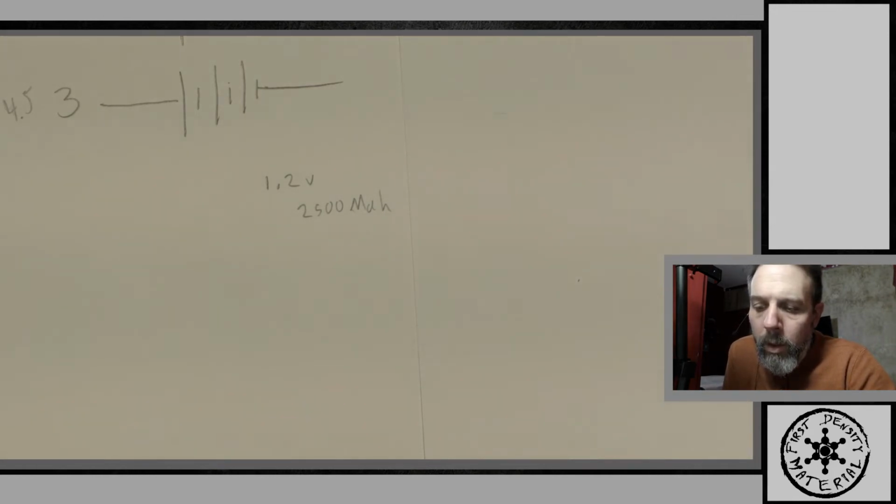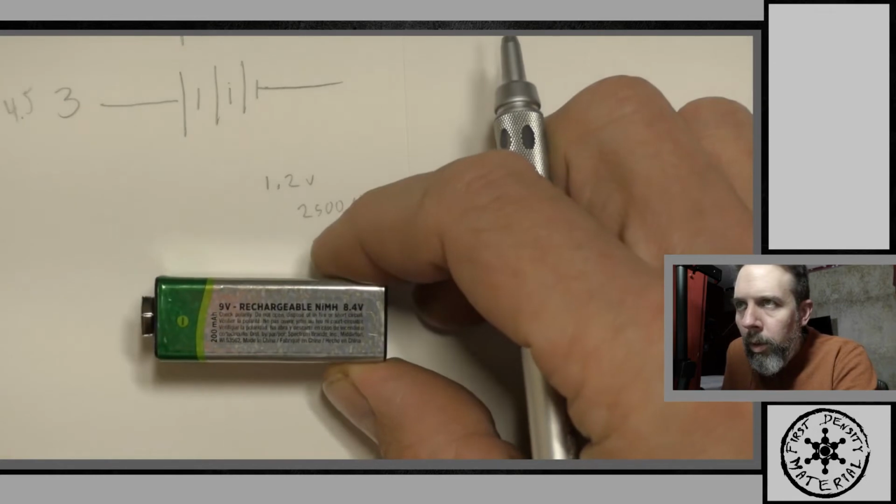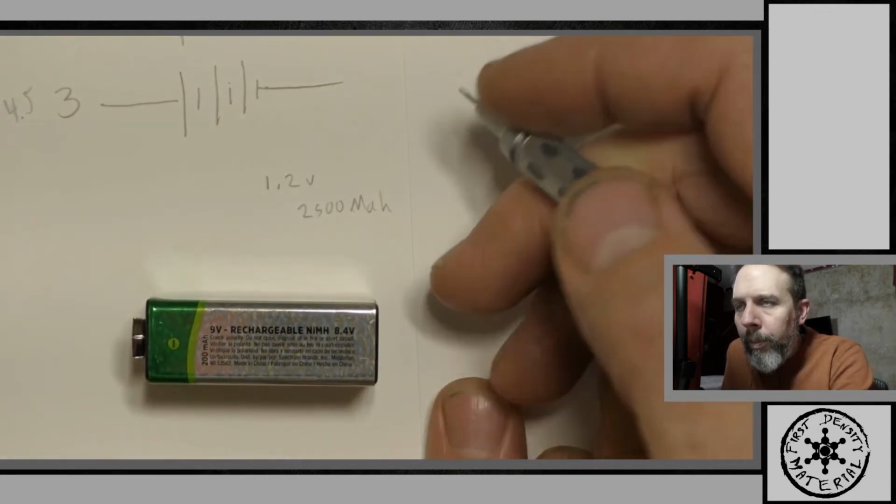And then I got another one. This one's a rechargeable 9 volt.